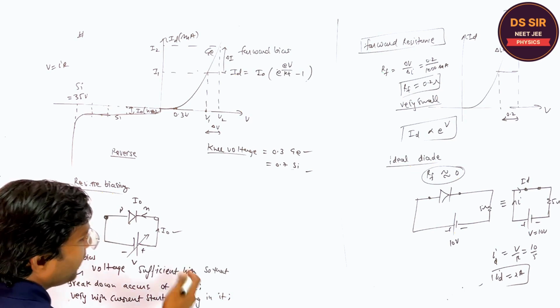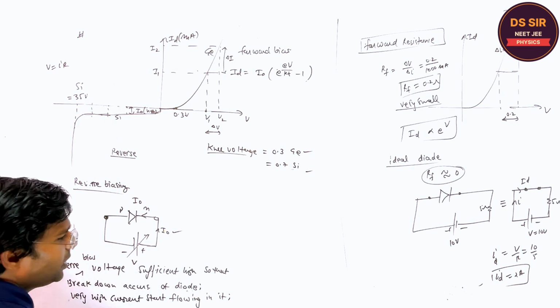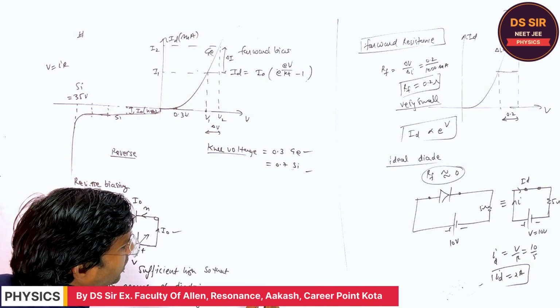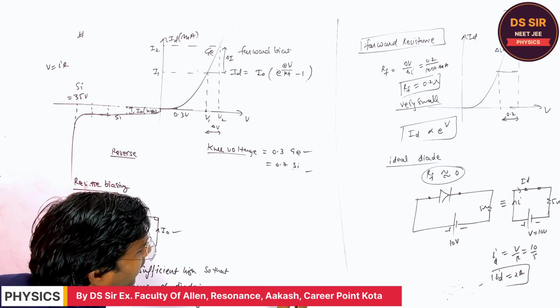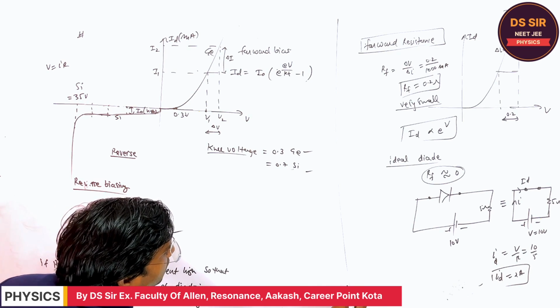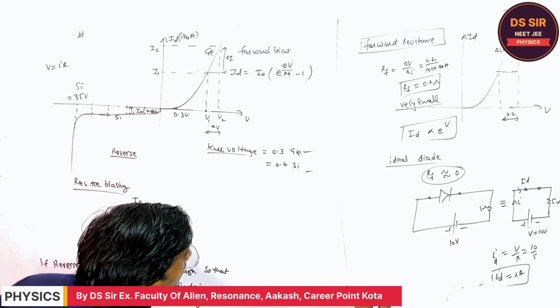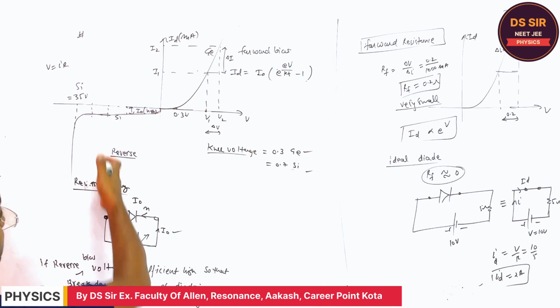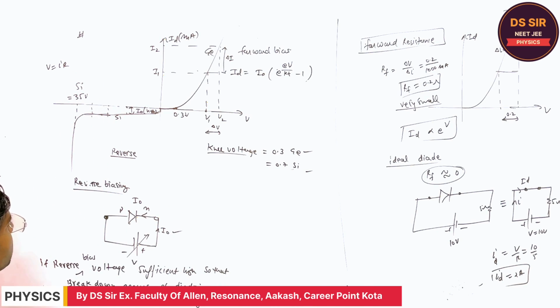Because of the temperature rise, when the current is very high, heat is produced and the diode is damaged. Do you understand or not? And this is called the breakdown.